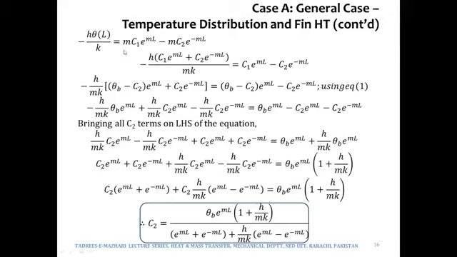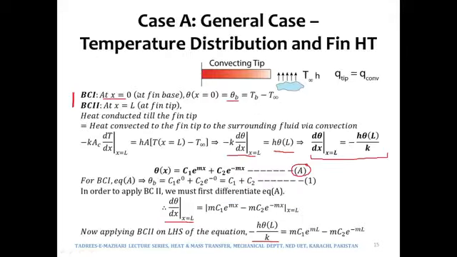And m has been taken common out of the right hand side, and then it has been brought into the denominator of the left hand side. So minus h over mk times C1 plus C2 e to the power minus mL, and in place of C1 we can write theta b minus C2 using equation 1.